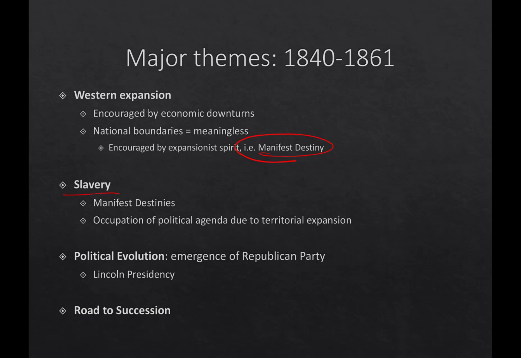Of course, slavery is the key issue here with westward expansion. The issue of westward expansion only happens because of slavery. States' rights, which is often touted as a reason for the Civil War, is only because of slavery and the issues of politics, and the idea that if a new state comes in and it's free, that gives increased weight and opportunity to free states to have more political clout in Congress.